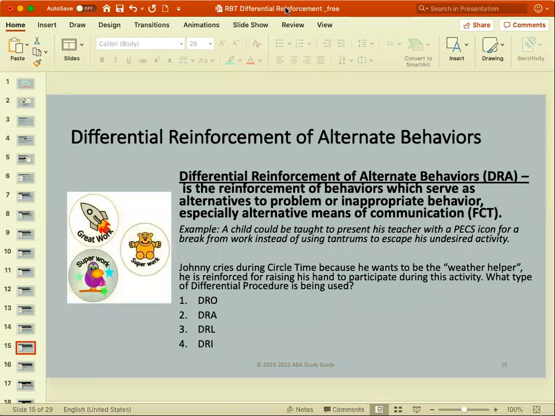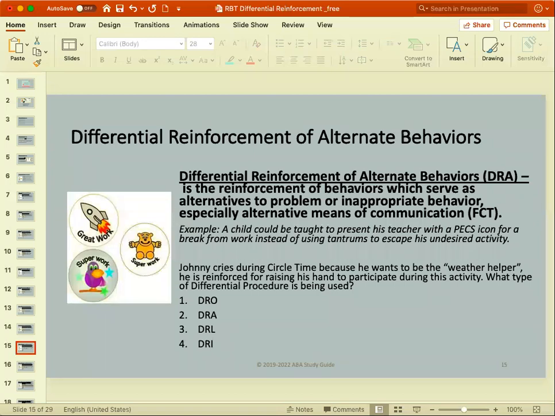Regina made a good point that there may be some questions that seem like both a DRA and a DRI. So remember, for DRI, it could be an alternate, but most importantly, it's incompatible. So in the example about spanking the bottom and clapping hands, you need to make sure: is it physically incompatible? It could be a DRI, but maybe you're teaching them another way to get attention, right?